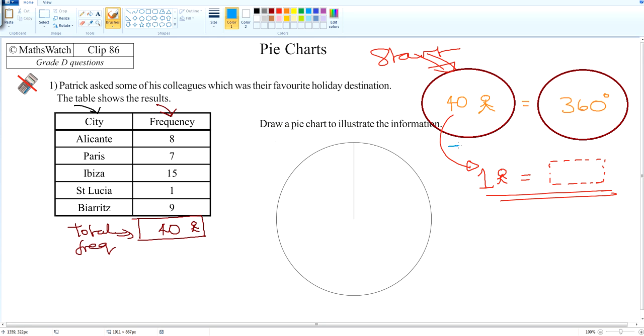We divide by what? To make any number down to 1, we divide the number by itself. So 40 divided by 40 is 1. What we do on the left, we do on the right. So 360 divided by 40. We don't need to use a calculator.